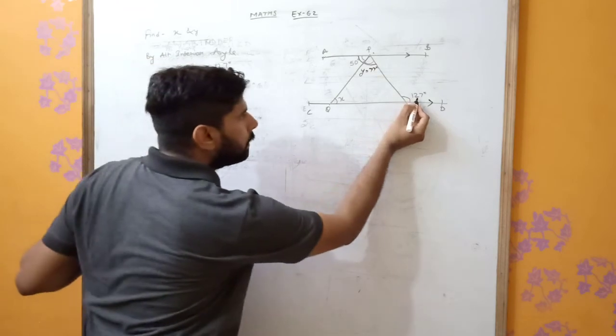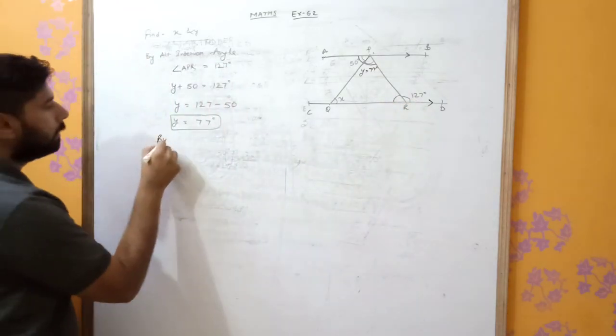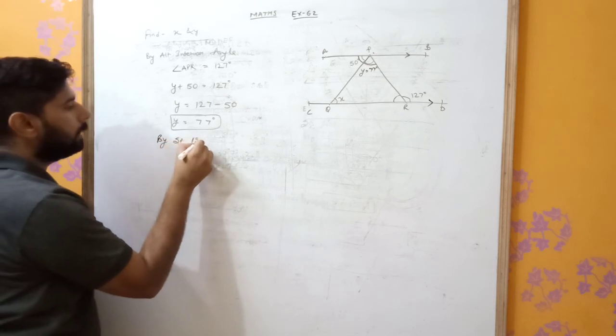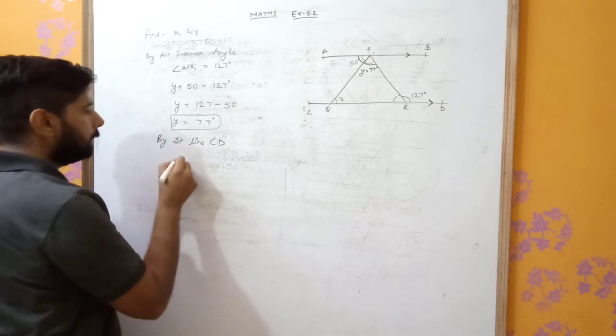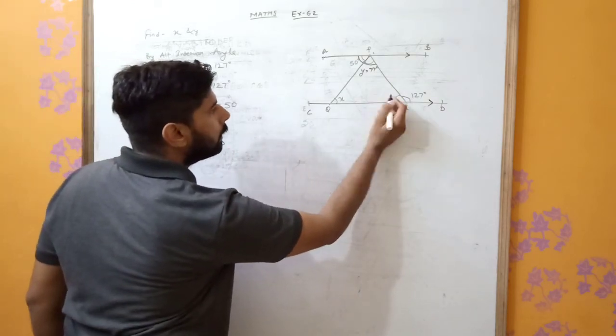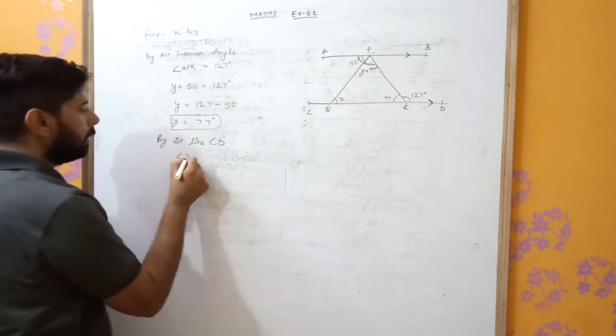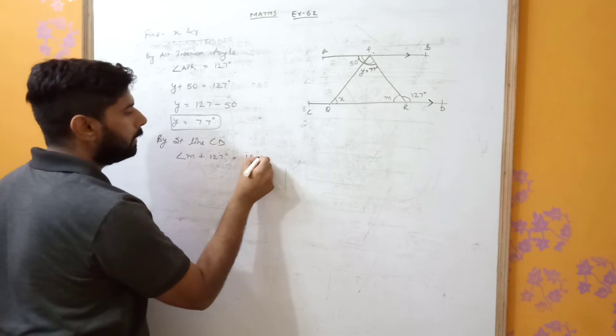If this is 127, that is a straight line. This is a straight line. So by the straight line property, which straight line? CD. By straight line CD, let's write this angle as m. Angle m plus 127 degrees equals 180 degrees.